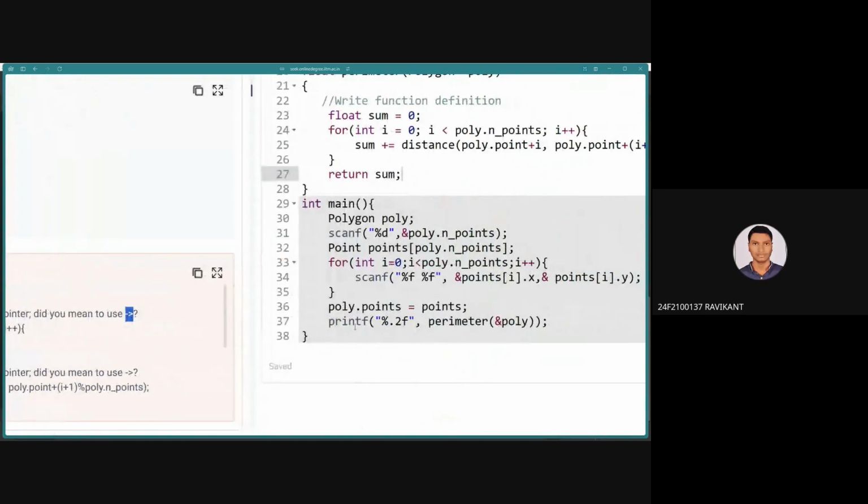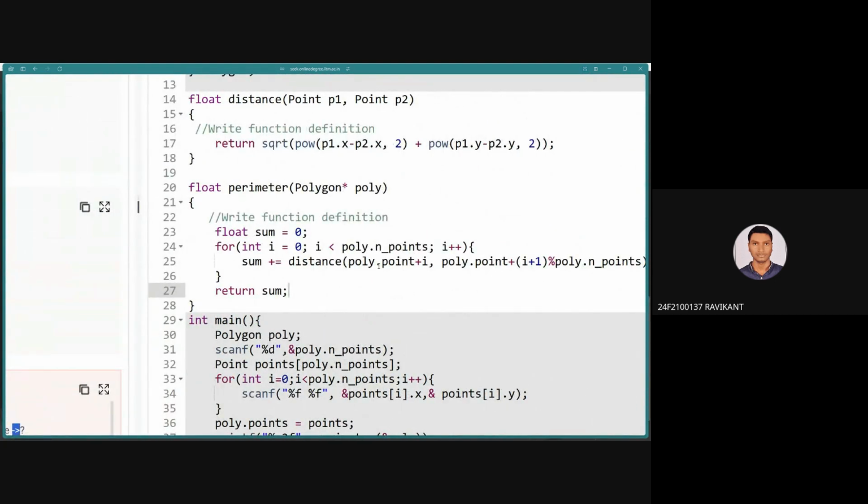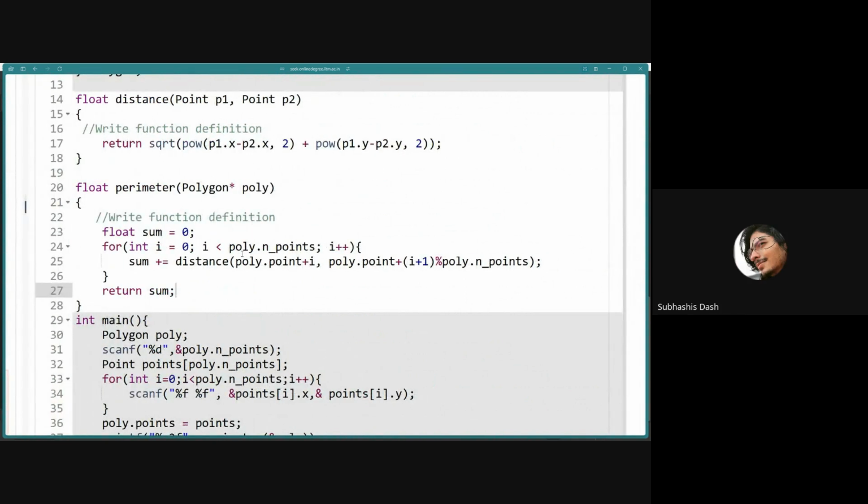You have to use the between poly and n. So I guess over here it should be. Let's just follow what that guy says.